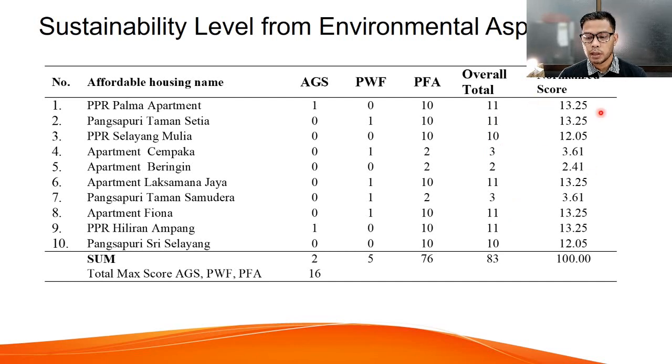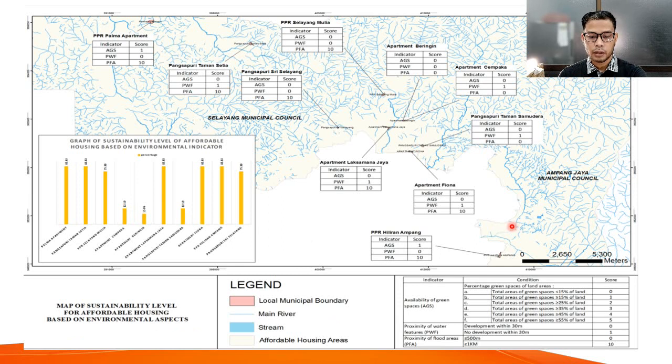When we normalize the score, we can see here 13.23 and so on and so forth. When we show it in the map, we can see 3 affordable housing have less than 50% sustainability level from the environmental aspect, and the others have a score higher than 50%.